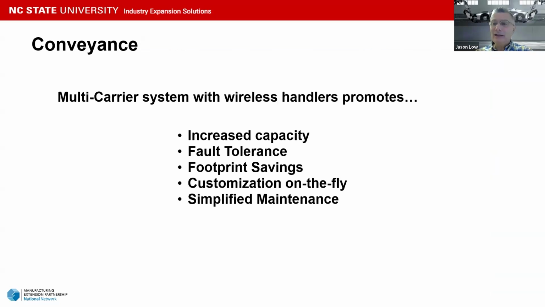Well, it allows for a lot of different things as far as savings of space when we orient things like that. But it also increases things like capacity, fault tolerance. So what if one of those carriers goes down? Well, I can basically bypass one, put another one in play, and there's no hiccup. It continues on. Talked about the footprint savings, customization on the fly.